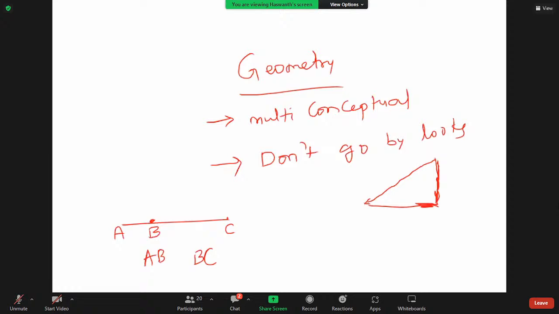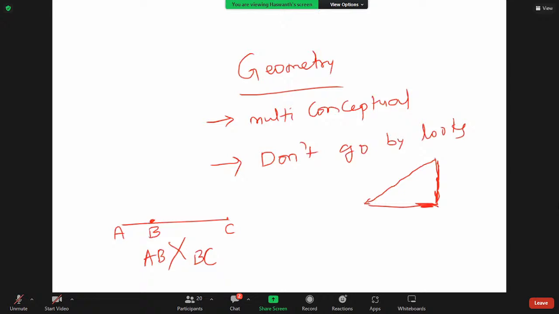When you come across these kinds of questions, we cannot compare AB and BC. If you say BC is greater, you would be saying that because it looks greater. But the point we are discussing here is: don't go by the looks of the figure. When you have a simple line segment like this, AC, and B is a point on AC, you cannot compare AB and you cannot compare BC.